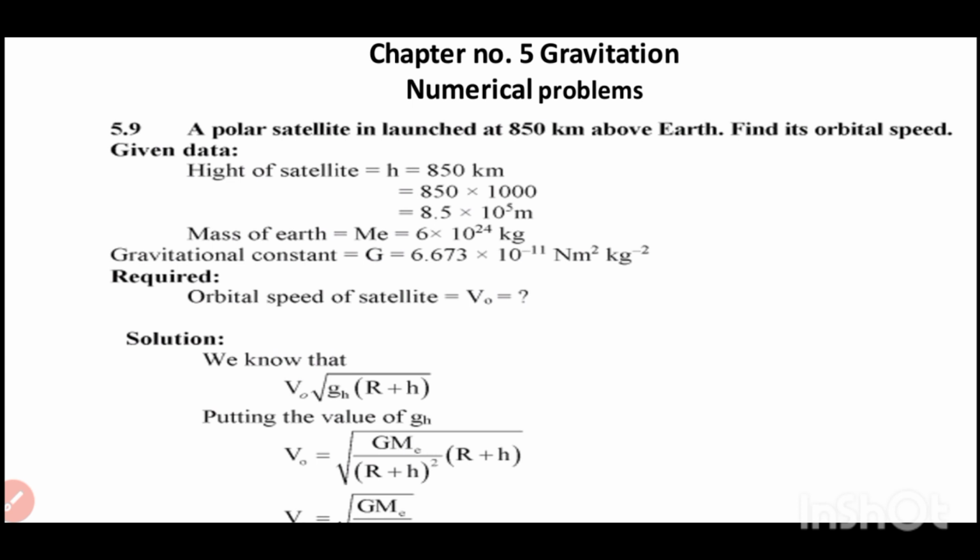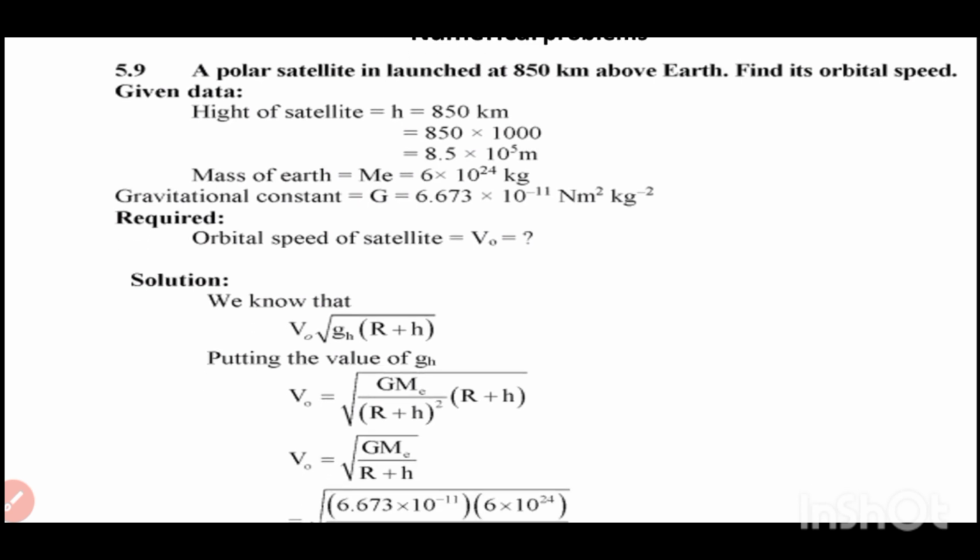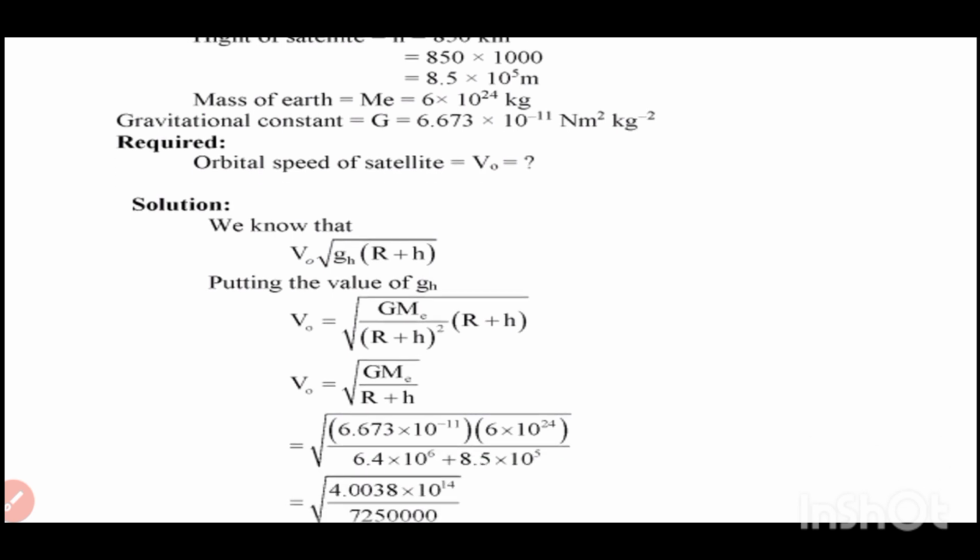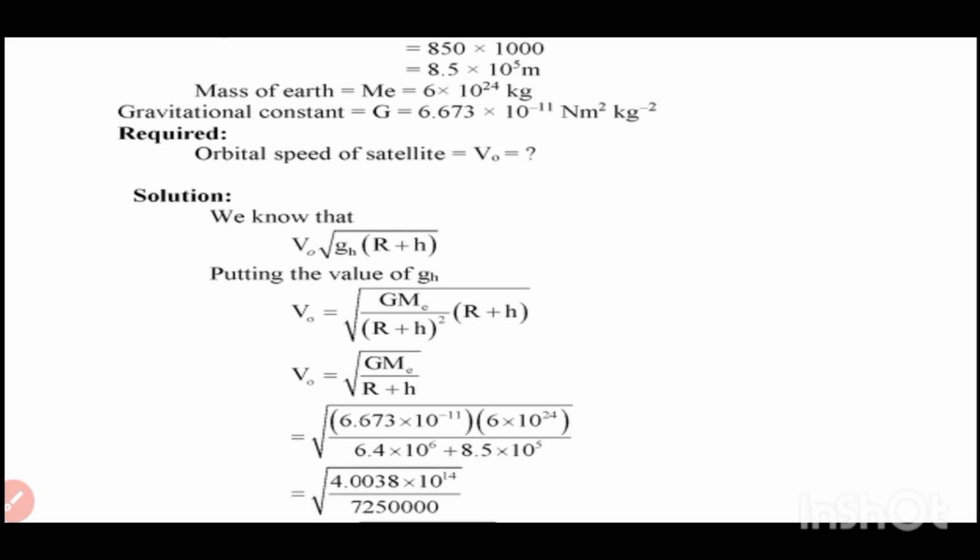We need to calculate the orbital velocity v0. So we use the formula v0 is equal to under root g at h into (R plus h). Putting the values, first we put the value of g at h. So v0 is equal to under root of G M_E over (R plus h) square times (R plus h). So (R plus h) is cancelled with the square, and only one (R plus h) is left in the denominator.